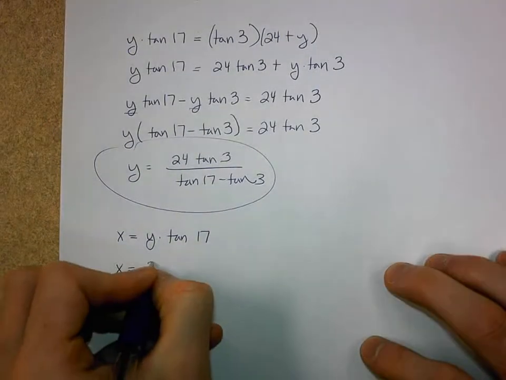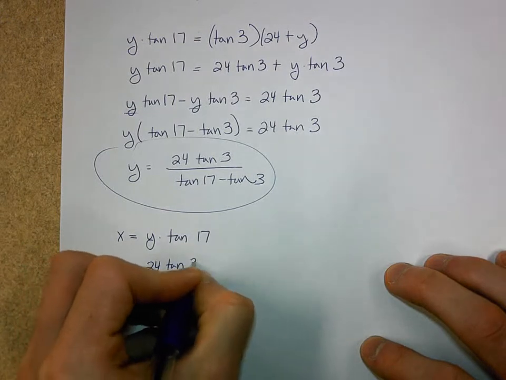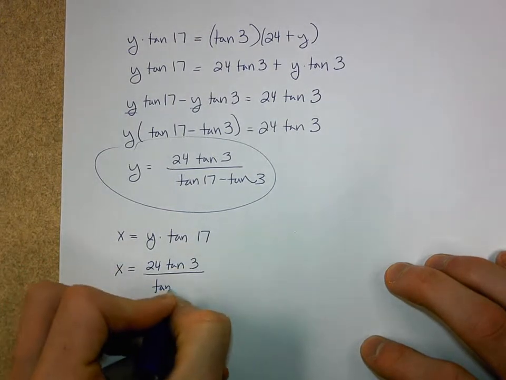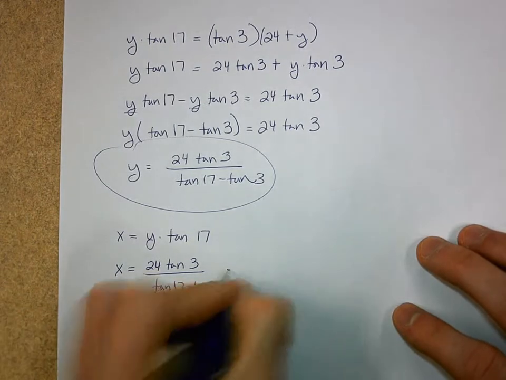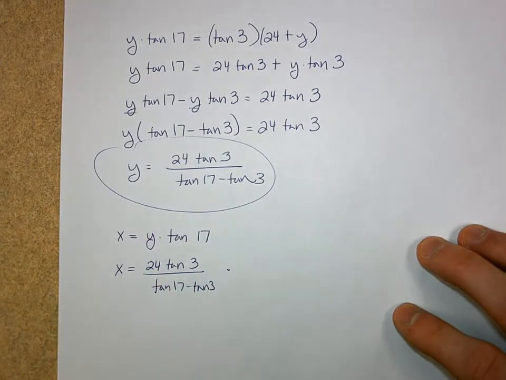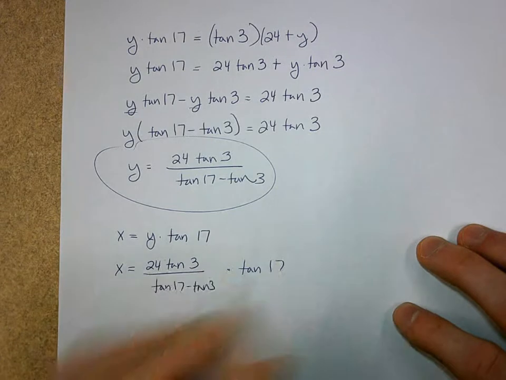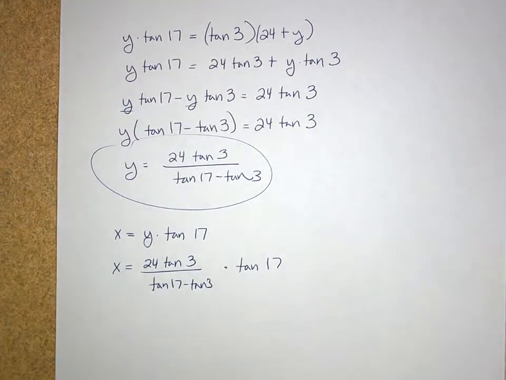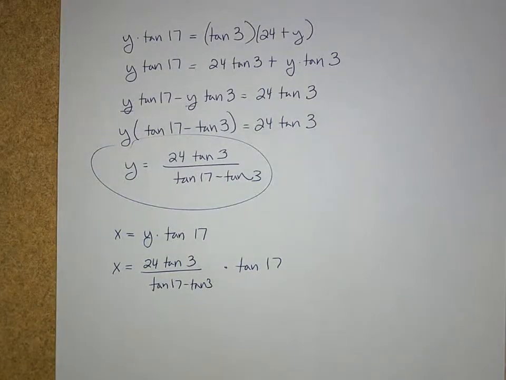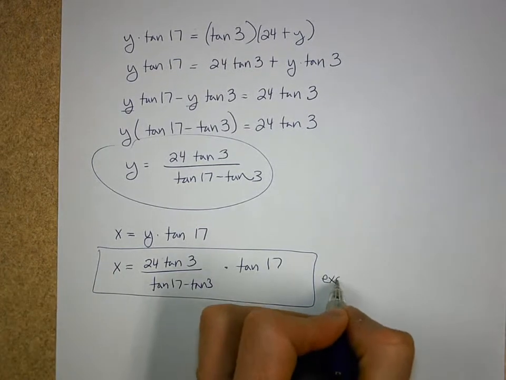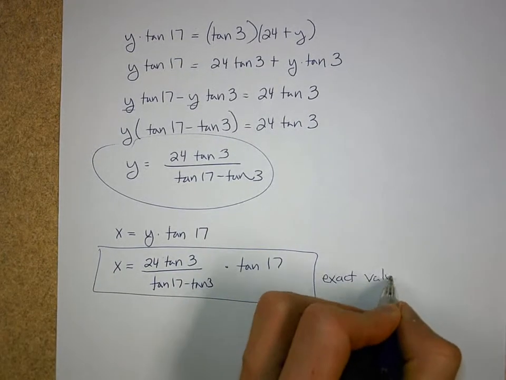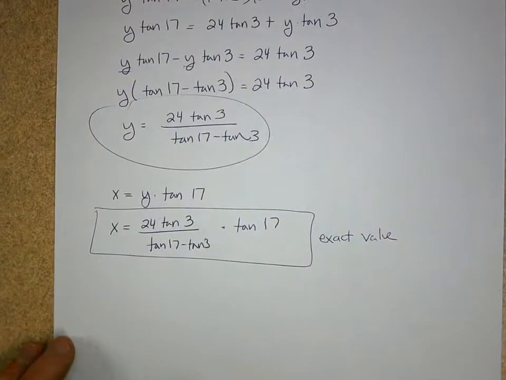So x is equal to 24 tangent of 3 over tangent of 17 minus the tangent of 3, times the tangent of 17. So now we've got the exact value for x. If we look back at our chart that we did in the previous section, that would be considered the exact value.